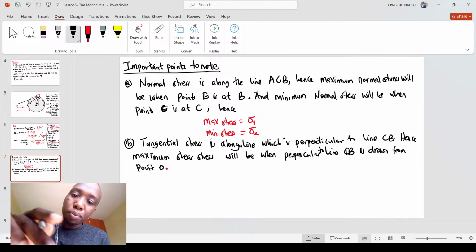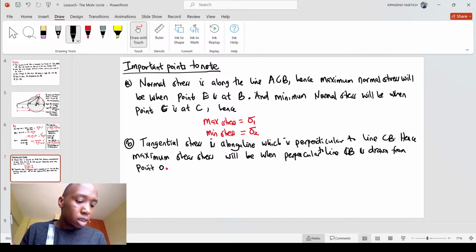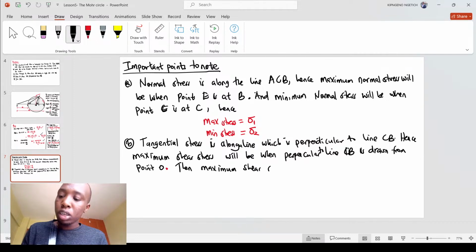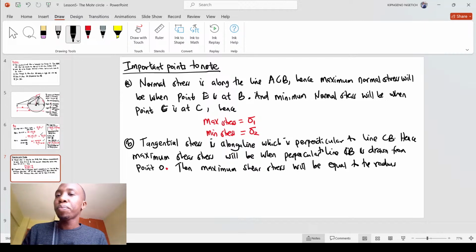Therefore, maximum shear stress will be equal to the radius of the Mohr circle.